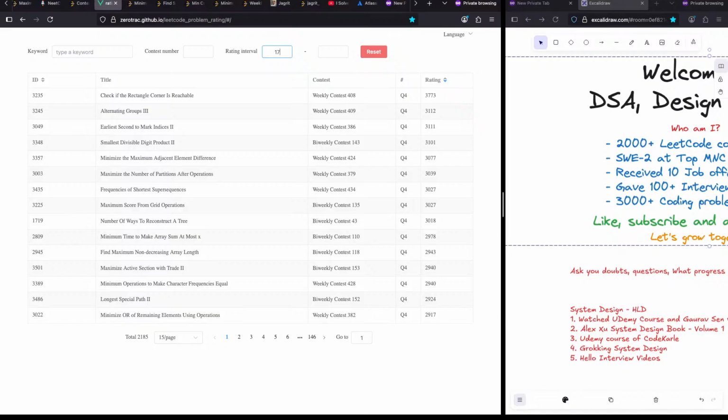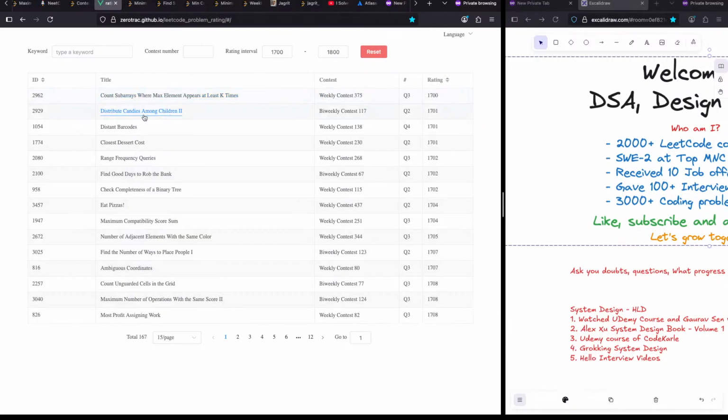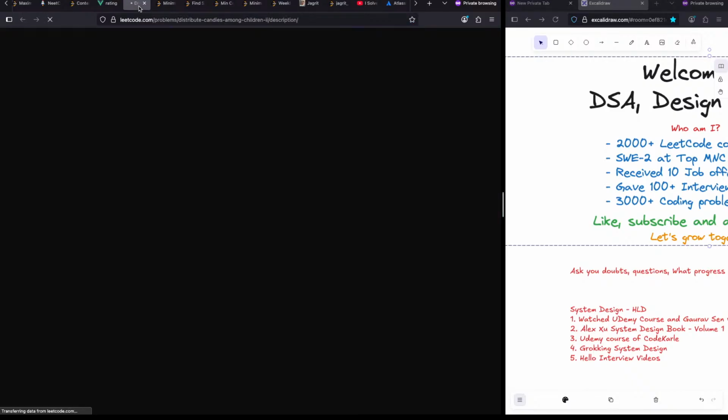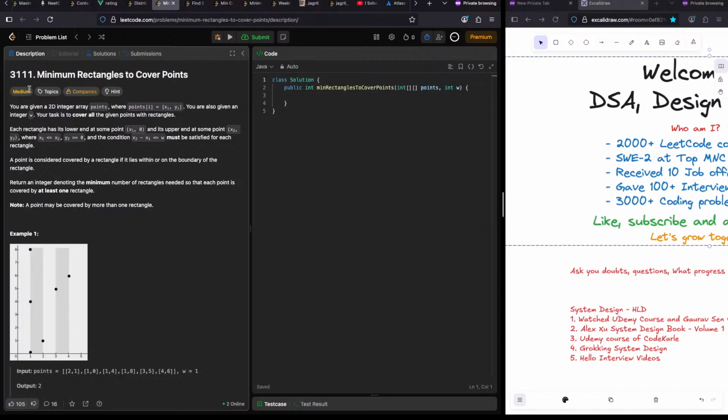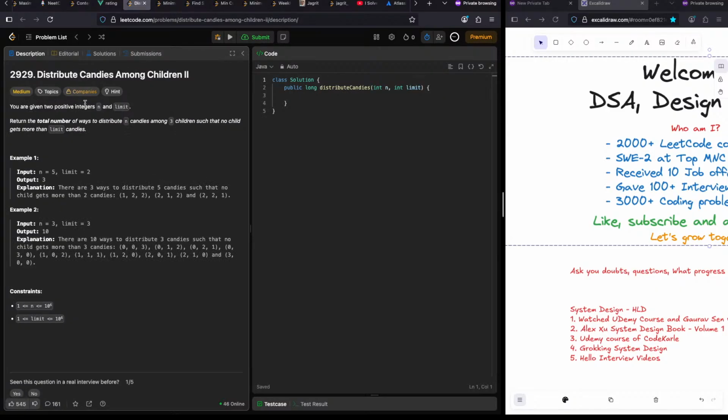I think you might have already guessed what I'm trying to say. Let's say this is another problem. This is also medium. Now you can see this medium is 1400 rated and this is 1700 rated. So there is a huge difference of difficulty.